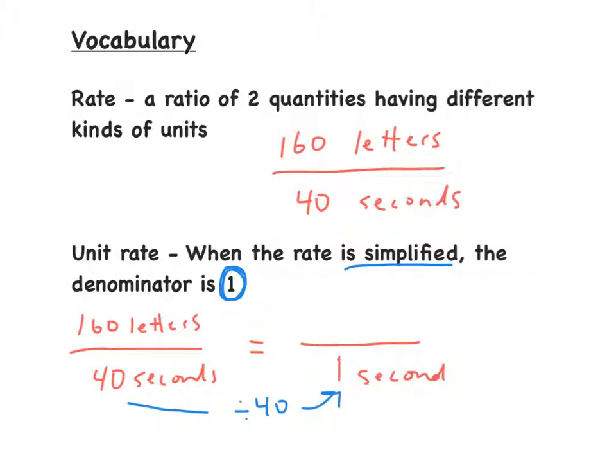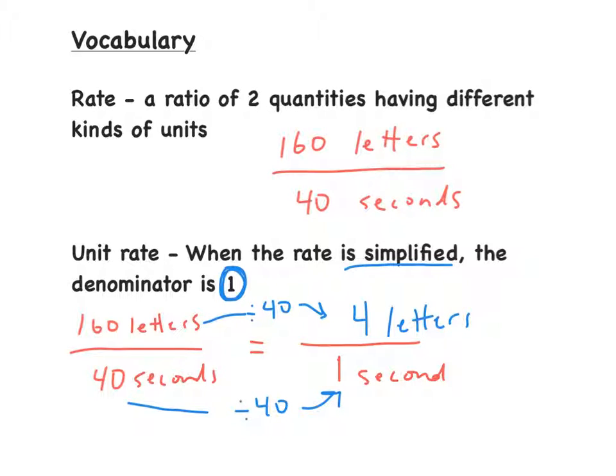So if I divide by 40 in the denominator, I would divide by 40 in the numerator. So 160 divided by 40 means that it would be 4 letters. So in this case, I could type 4 letters per 1 second.